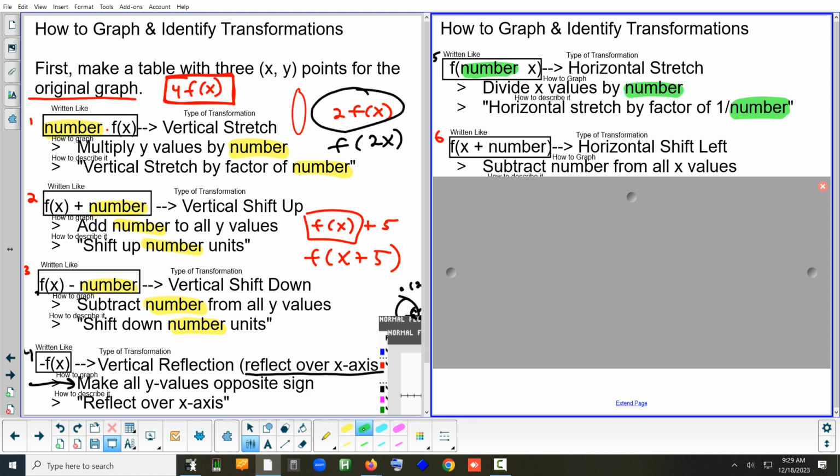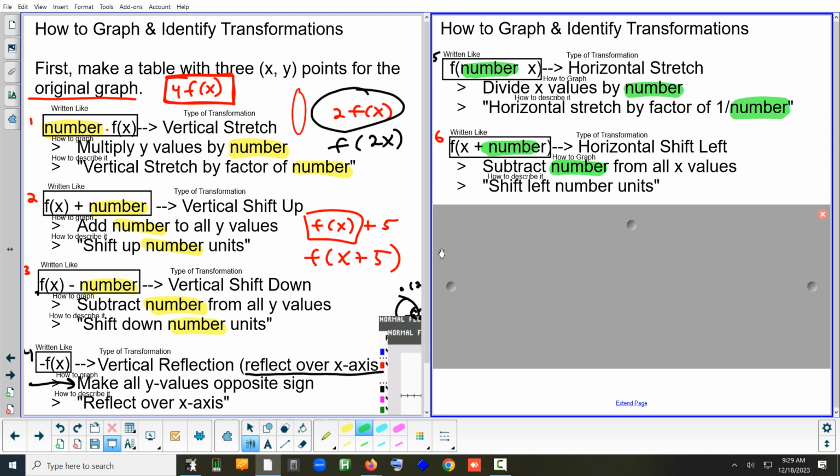Okay, and what's the number? Well, we don't know. That would be given to us in the problem. In this kind of problem, it would be a 5. So that number is that number. And the way that you describe it, if they ask for that, is shift left, number of units.